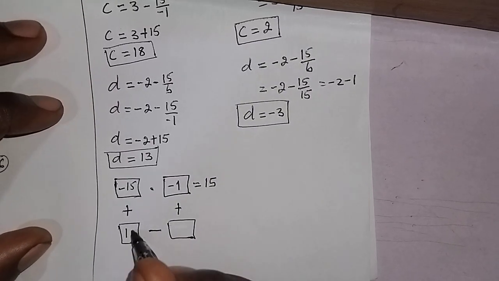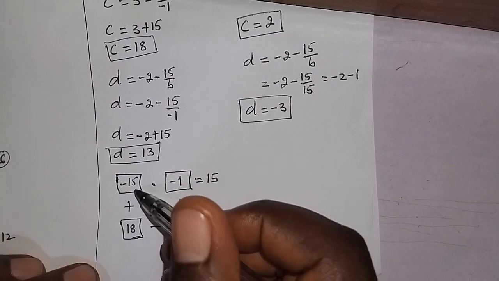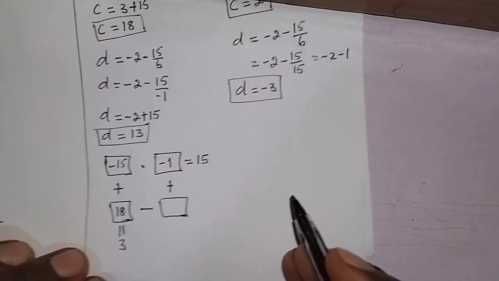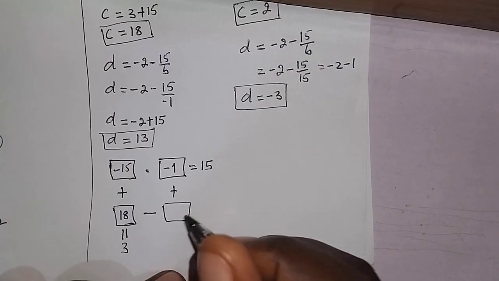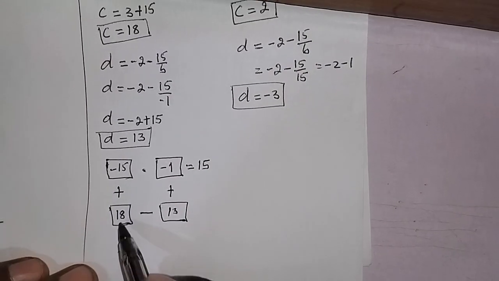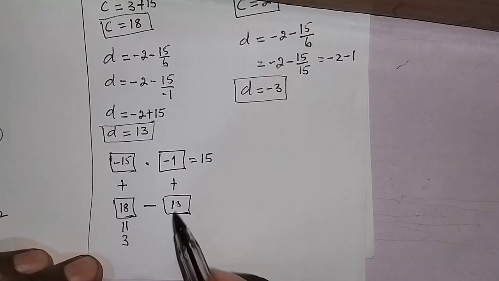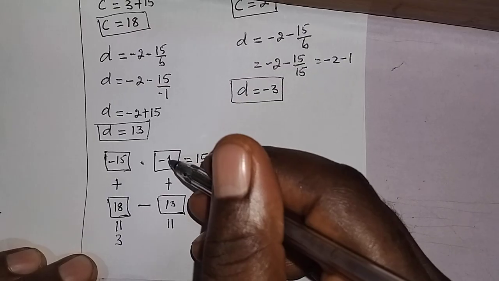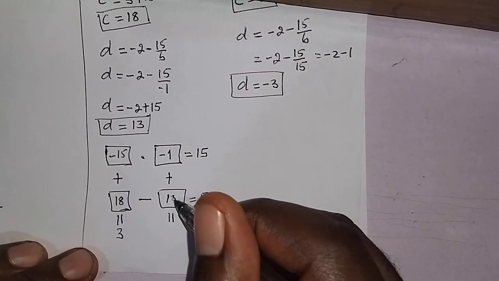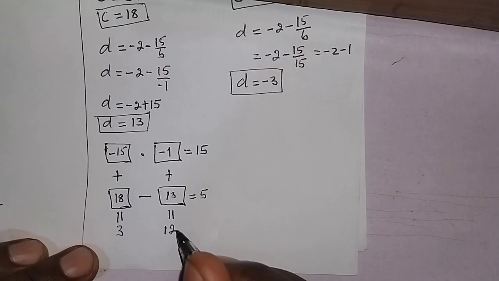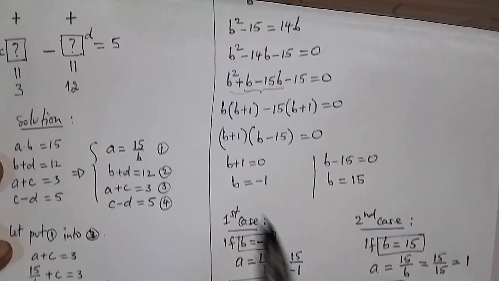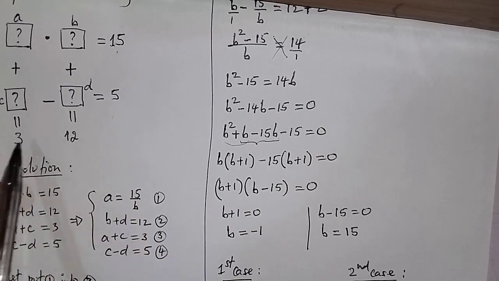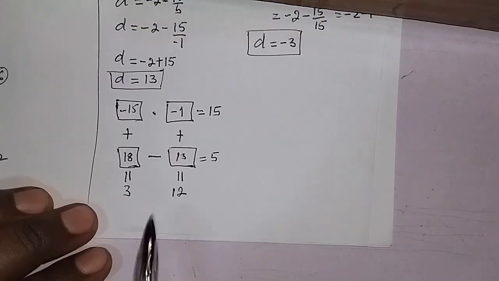C is equal to 18. Minus 15 plus 18 is equal to 3. And D is equal to 13. 18 minus 13 is equal to 5. Here it is minus 1 plus 13 is equal to 12, which is 15, 5, 3 and 12, the same.